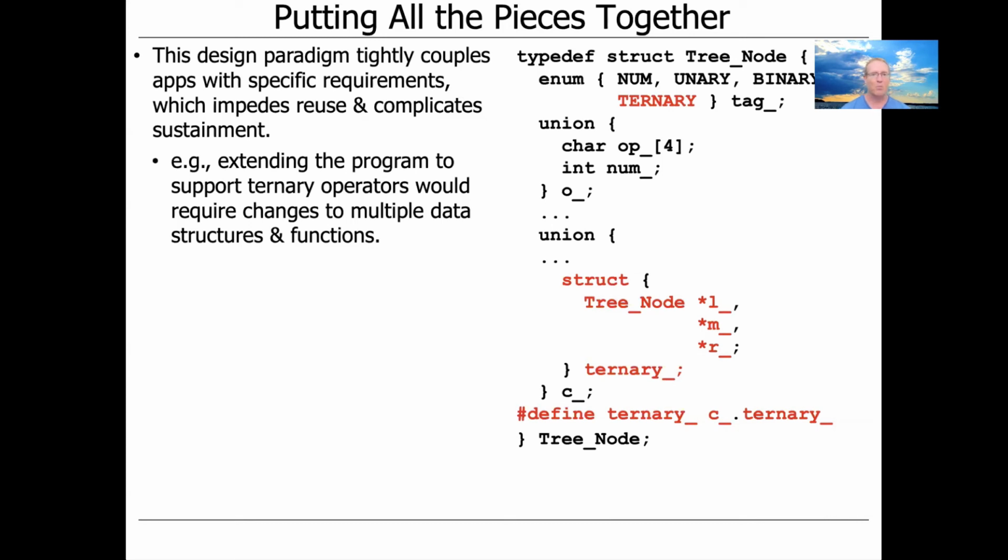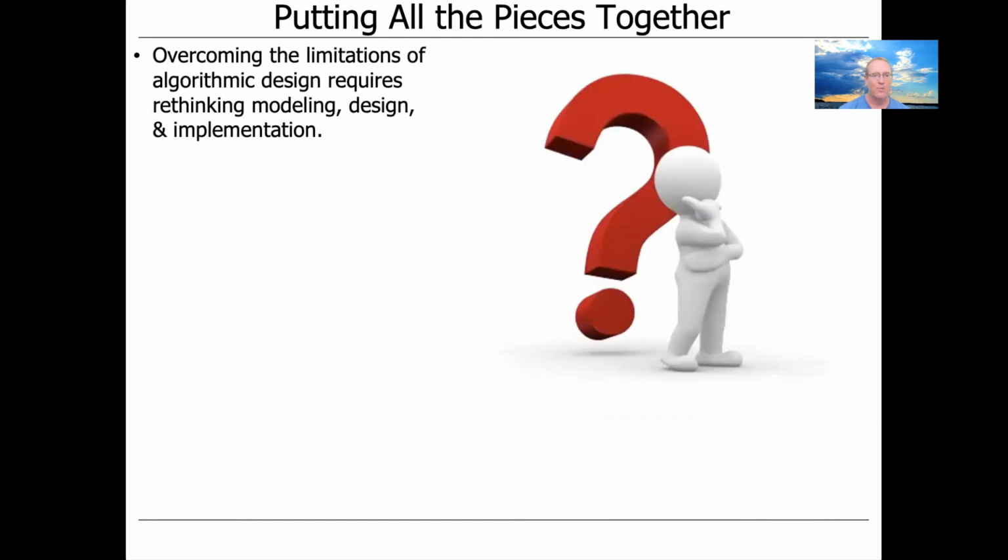Extending the program to support new operators like ternary operators would require changes all over the place, changes to the tree node, changes to the various functions. And so it would just ripple through the whole program and make it much more brittle and error prone. So how can we overcome these problems? Well, the most obvious way to do this is to rethink how we model our domain, rethink how we design our code, rethink how we implement our code.